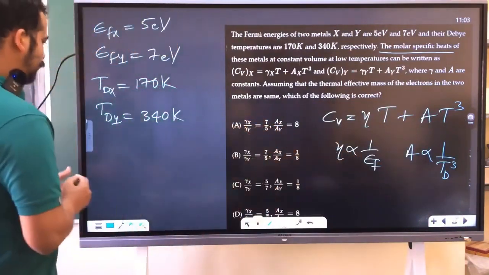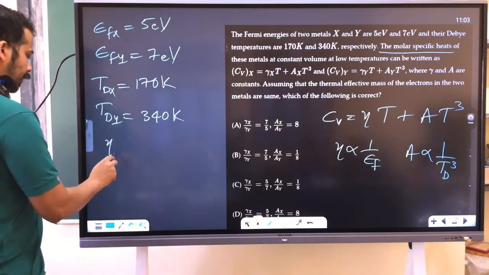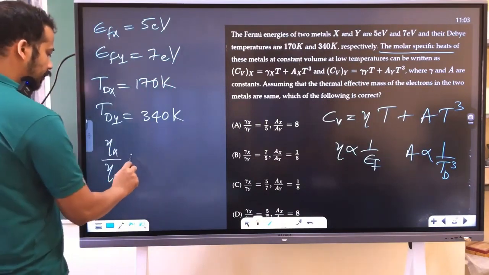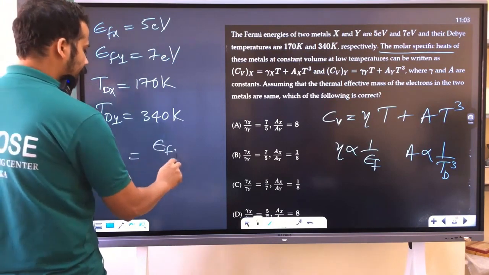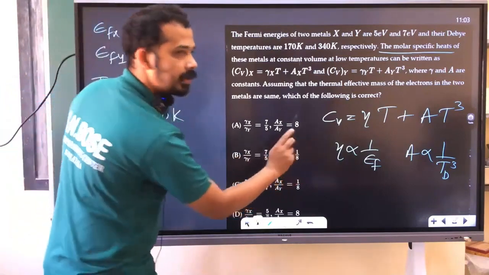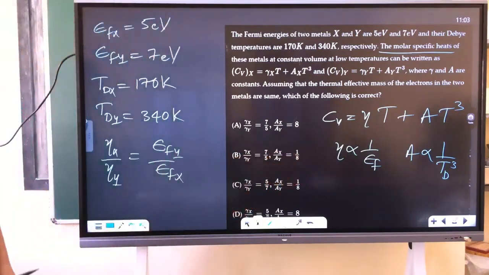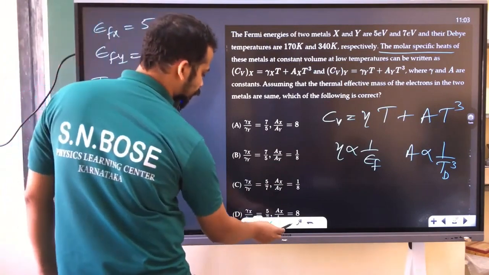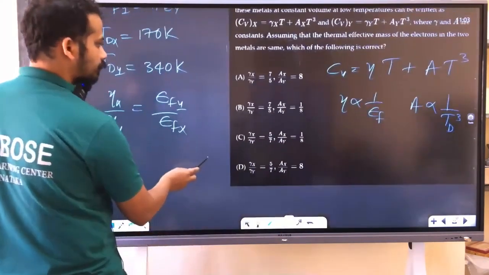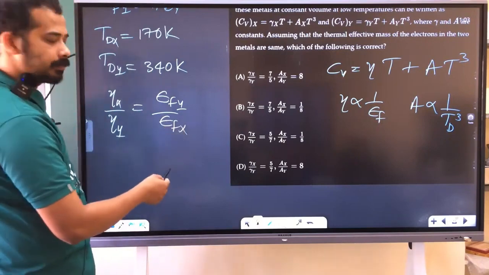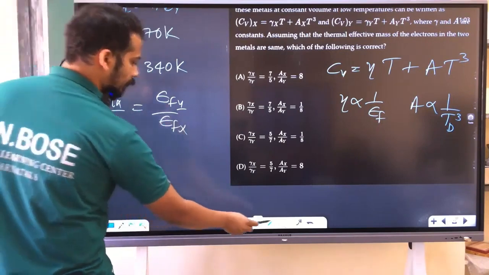So what he is asking then is gamma x divided by gamma y, isn't it? That is equal to EFY divided by EFX, because that is inversely related. Very simple question. Then you can find this one.